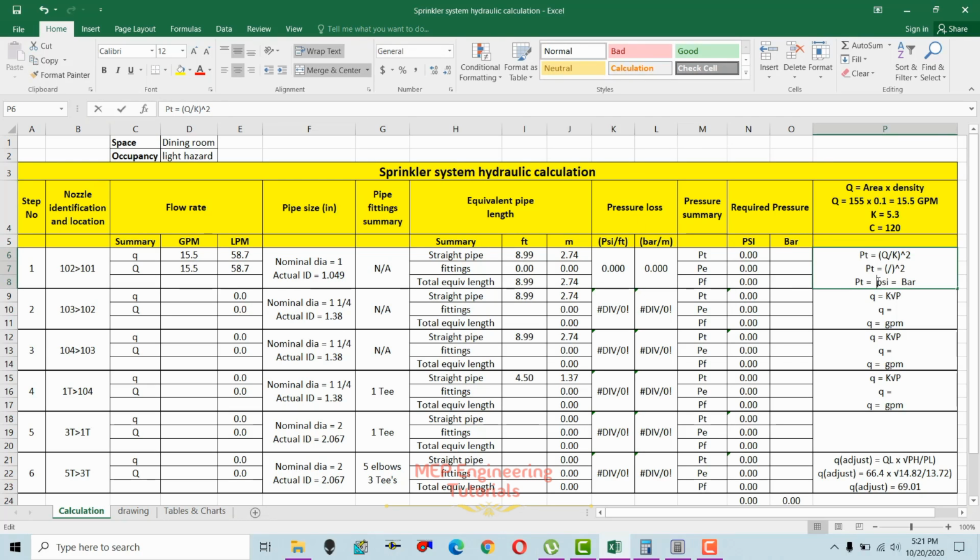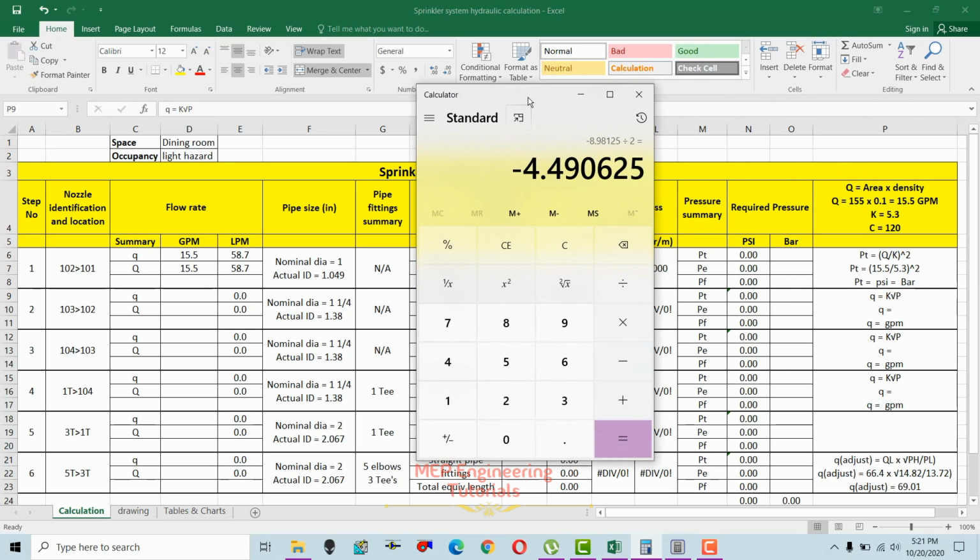So now I'm going to put the values. Q is 15.5 and K is 5.3. 15.5 divided by 5.3, if we take the square of this one, that is 8.55 or 8.56 psi.